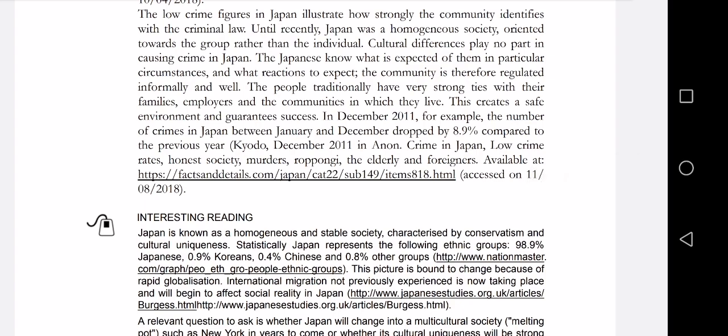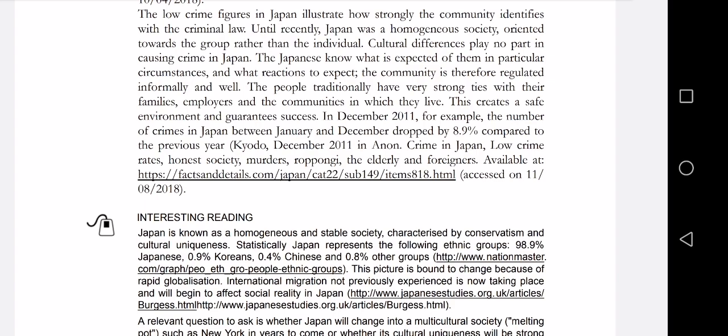Low crime figures in Japan illustrate how strongly the community identifies with the criminal law. Until recently, Japan was a homogeneous society oriented towards the group rather than the individual.